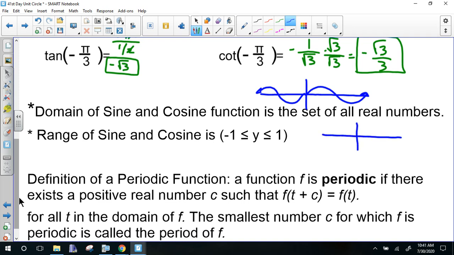Cosine looks very similar, except it starts up there. It goes in both directions toward negative infinity and positive infinity. The range of sine and cosine goes from -1 to 1.